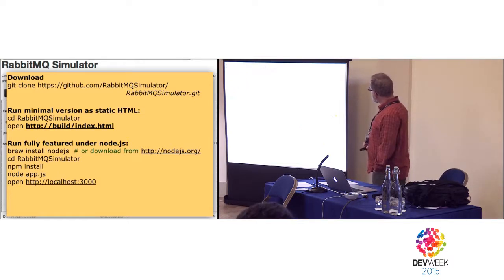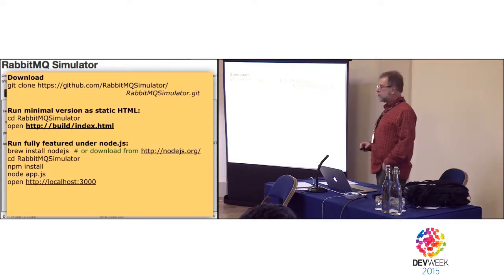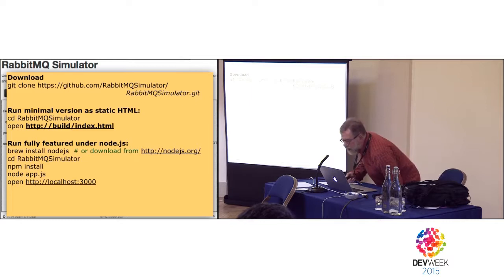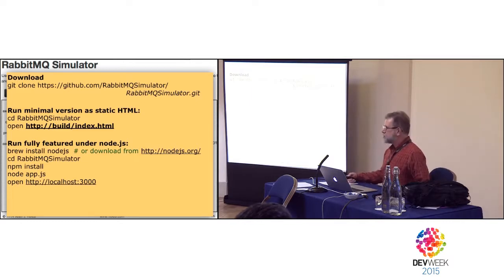This particular simulator is available online. I've given you the URL to clone it if you want to. It's just like GitHub. I've also installed a version on my own website, so if you want to just play with it, the easiest way is to just log on to my website. I'll show you the URL in a second. But basically, you just download this thing and build it and you're done. It's written in JavaScript, so it just runs.